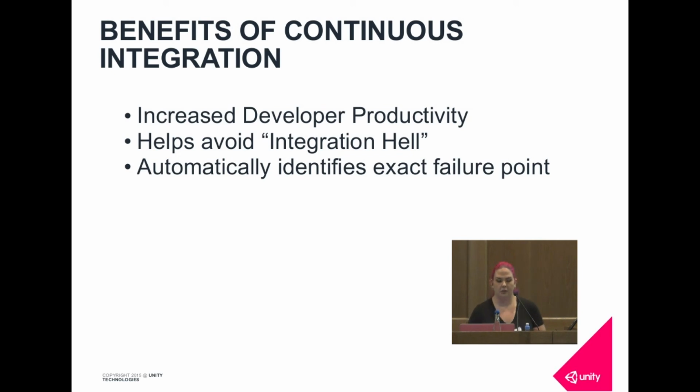This is usually just a term we use for referring to the situation where you have multiple lines of development and they just collide with one another without any history of what actually broke what. In that case, you have to do a lot of manual bisecting to try to sort out what happened. But if you're doing continuous integration, you'll have a system that will automatically identify your exact failure point as early as possible.